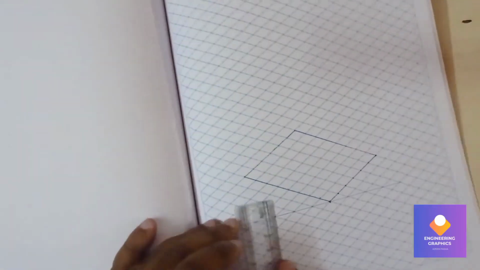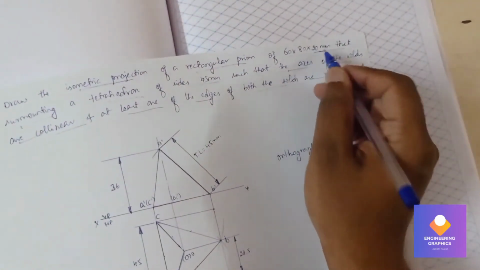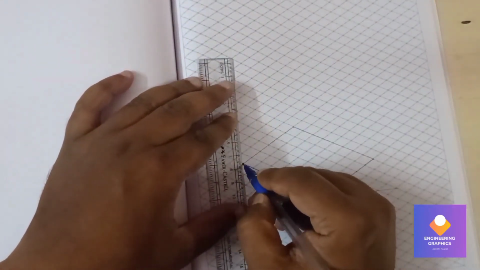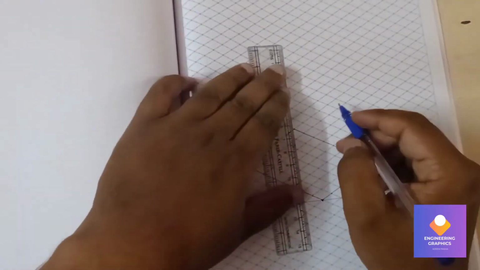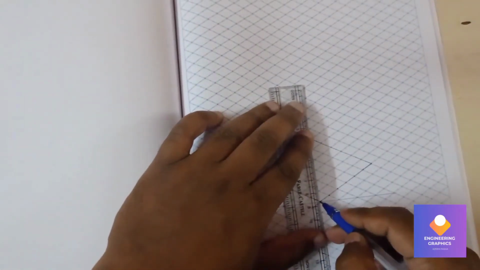Here, exactly at all these points, we need to give a height of 20 mm. You can see in the problem, the thickness we should give is 20. That is 2 boxes height we have to consider vertically. Thickness we consider in vertical height.